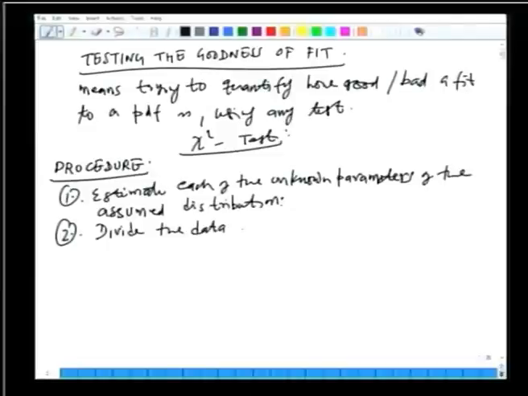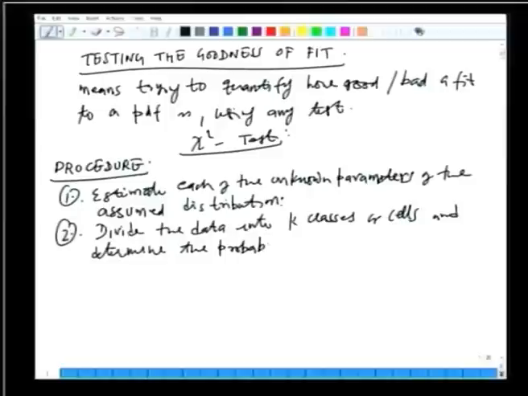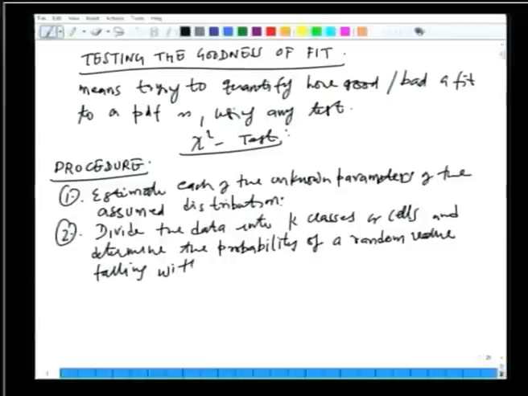We divide this data into k classes, or what is called cells, and determine the probability of a random value falling within each class or cell using the fitted distribution.